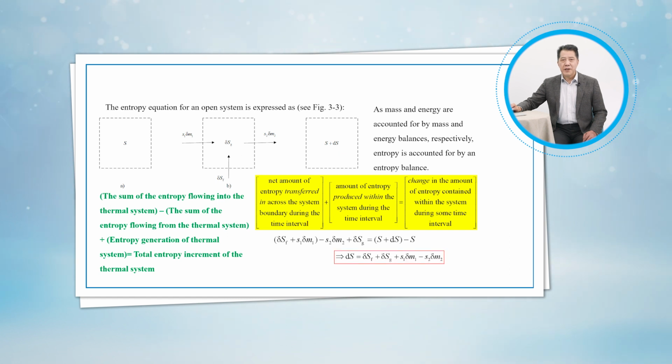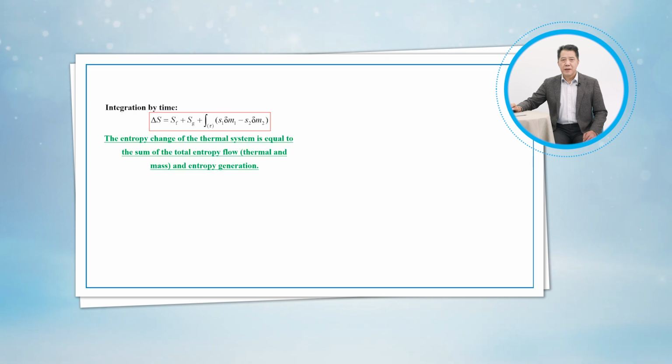Then the entropy change for the system can be expressed as, integrating the entropy balance for a period of time, we have the entropy equation. The entropy equation shows that the entropy change of the thermal system is equal to the sum of the total entropy flow and entropy generation.